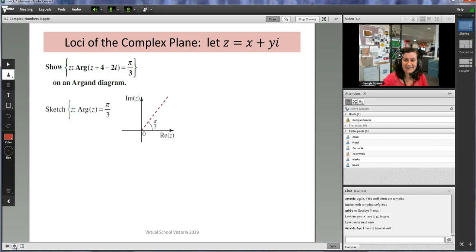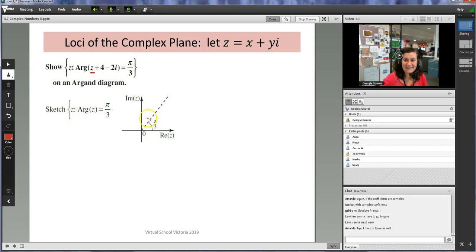Okay. Alright, and there's some other expressions that we can use to work out locuses. So this is saying I want to find all the complex numbers that, when I add 4 and take away 2i from them, have the argument of pi on 3.